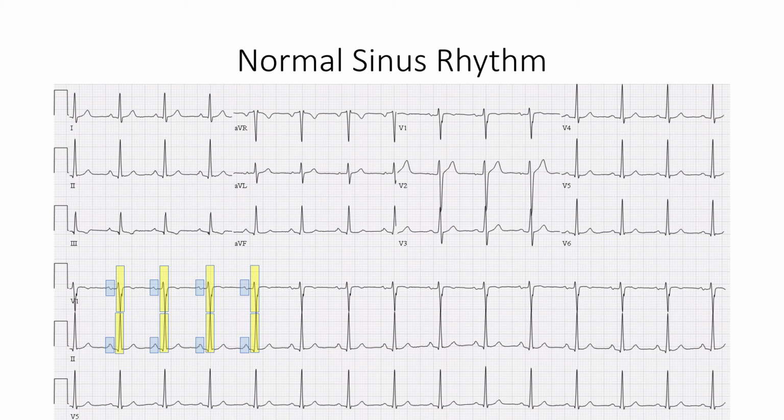Also in this ECG, you can see a normal precordial progression with a small R wave and a deep S wave in lead V1. And then the R wave progressively grows through the precordial leads to V6, where you see a very tall R wave and very little S wave. So this is an appropriate precordial progression.